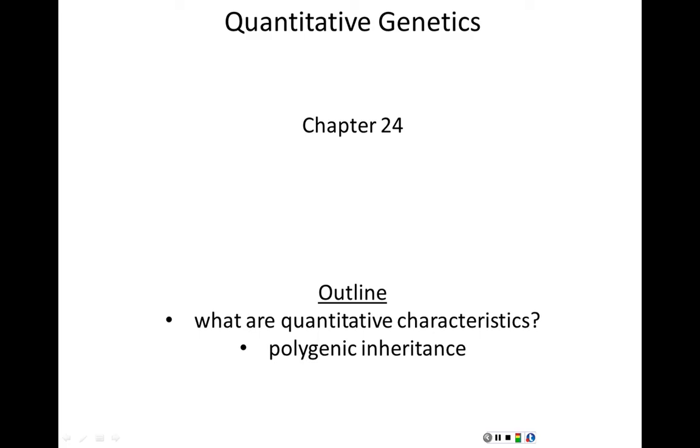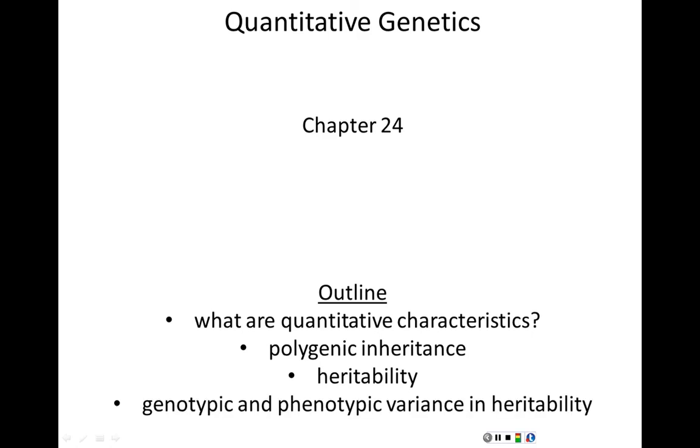We've already talked about, in general, traits having multiple gene inputs. So it's not one gene governing one trait, but multiple genes governing a trait. But we'll kind of expand on that and give some meat to that skeleton. We'll define a term of heritability as it applies to quantitative genetics. Not just the idea that traits are inherited, but heritability means something in the quantitative genetics field.